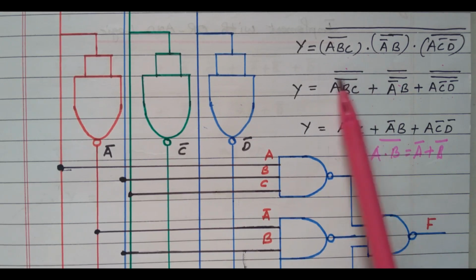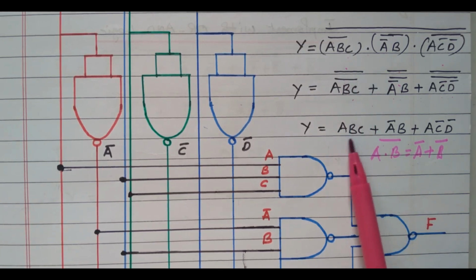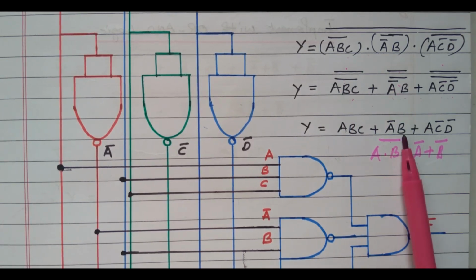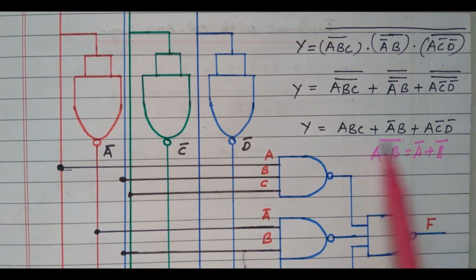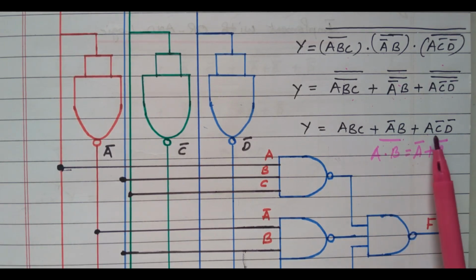So the double bar is available, so again it will give the normal value. A, B, C whole bar the whole bar. Two complements means it will give normal A, B, C. Similarly, A bar B double bar means it is A bar B. Similarly here A, C bar, D bar. So this is our desired output. A, B, C plus A bar B plus A, C bar, D bar is our desired output.